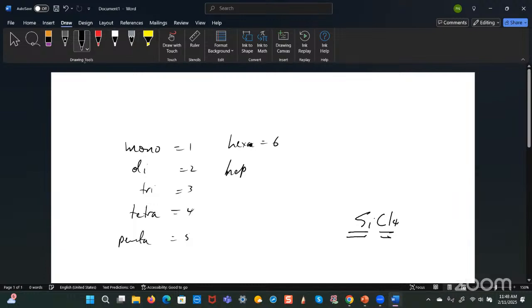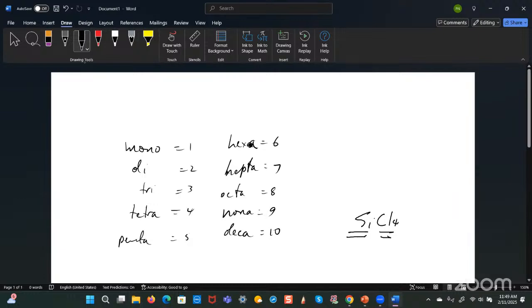Hepta is 7, octa is 8, nona is 9, and deca is 10, and we're going to stop there. There's some more, but for all purposes, we stop at 10, all right?